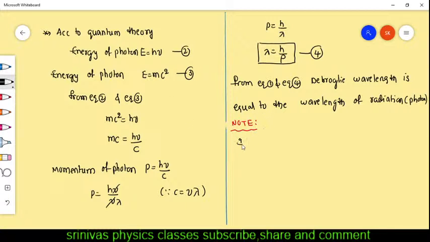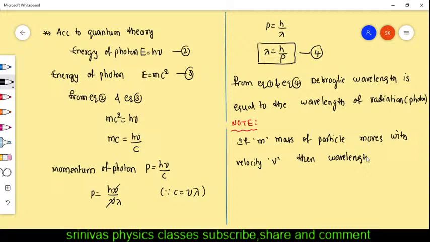If a particle of mass m moves with velocity v, then the matter wavelength or the de Broglie wavelength, the wavelength associated with the particle, the formula is what?